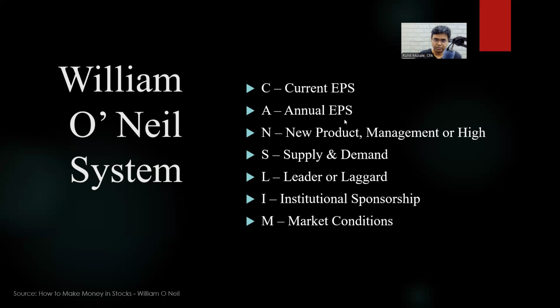Then in annual EPS, we have one criteria, remember, out of those 12 fundamental criteria. There should be positive annual EPS growth for the last 3 years for the company. So the EPS growth has to be positive. It could be 1%, 2%, or 100%, doesn't matter.